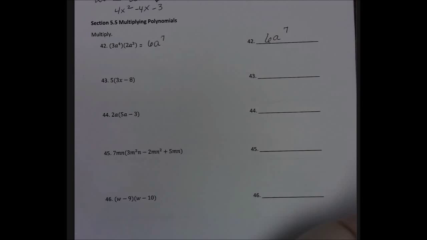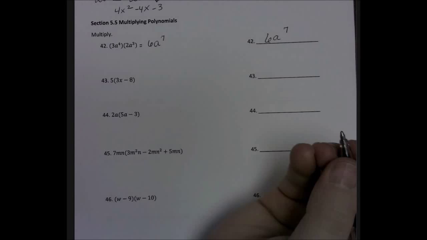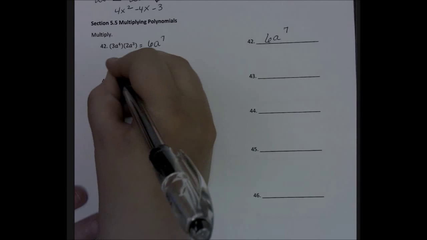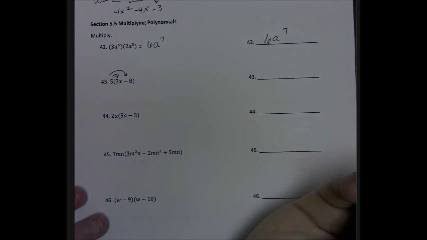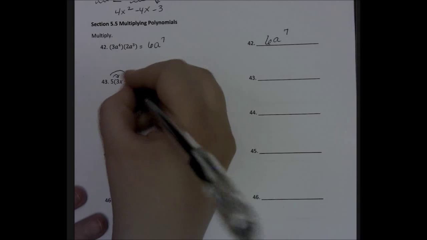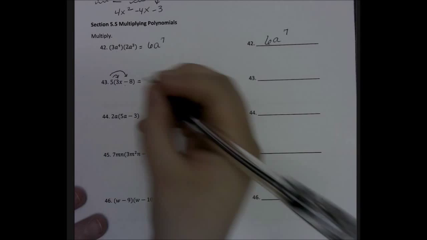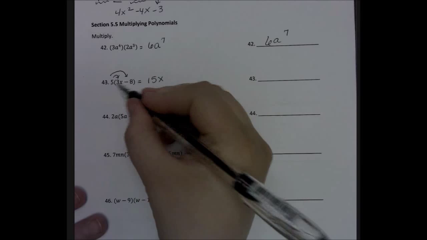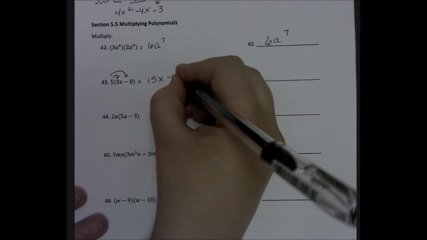On number 43, this is our distributive property. So we are going to multiply that 5 times each term in our set of parentheses. So that will give us 5 times 3x is 15x, and then 5 times negative 8 is negative 40.